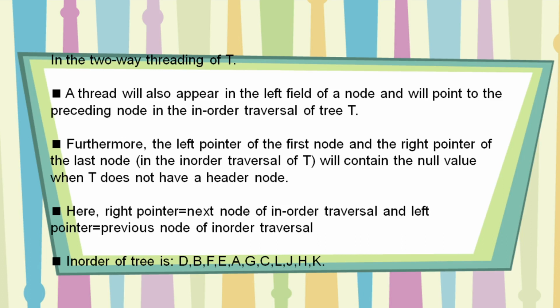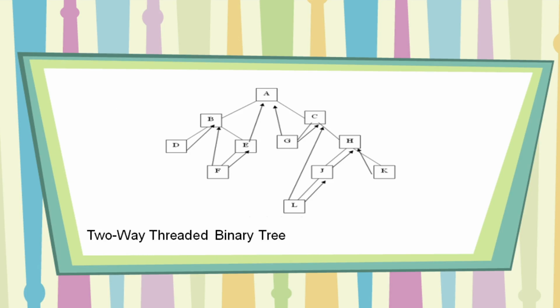Preceder for F is B and successor for F is E. So F's left pointer points to the preceder B and the right pointer to the successor E. So F has two null pointers, one left null and the other right null pointer. The left null pointer is replaced with the preceder, that is B, and the right with E.